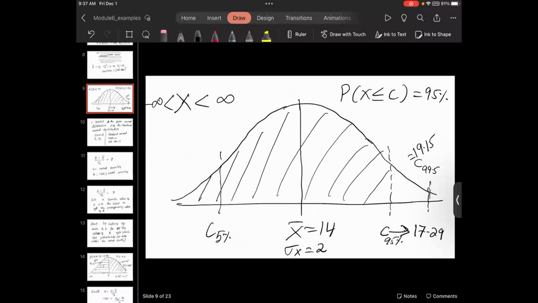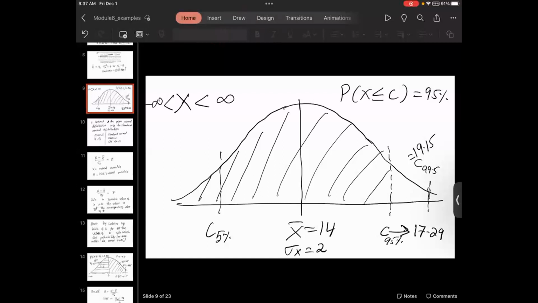So 19 minus 14 is about 5, and that's nearly 2.5 standard deviations.